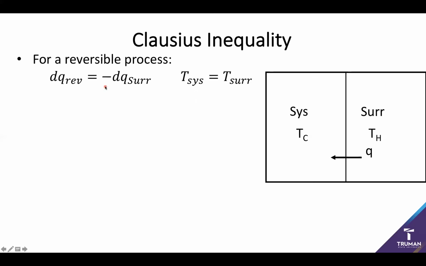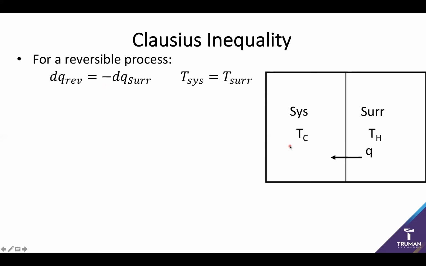So a reversible process is going to, again, be the minimum amount of heat needed to drive the change in my system. Well, at that point, the actual amount of heat being provided by my surroundings is going to essentially be the negative of the heat being added to my system. Because again, any heat entering the system came from the surroundings in this reversible case.